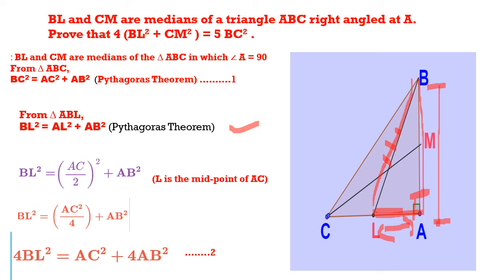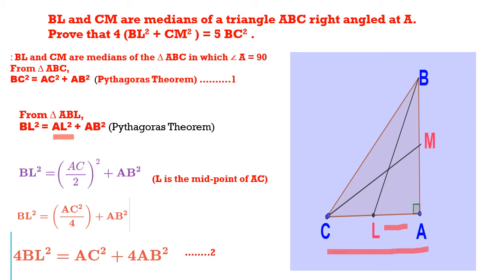Now here we are going to do certain modifications. Let me rub it out for you first. The first modification is related to AL squared. Now this AL squared is the part of AC squared. AL is the part of AC. How is it? It is half of AC, right? Why is it half of AC? Because L is the median.